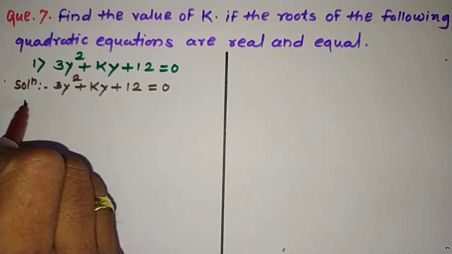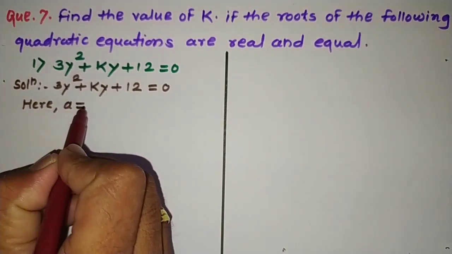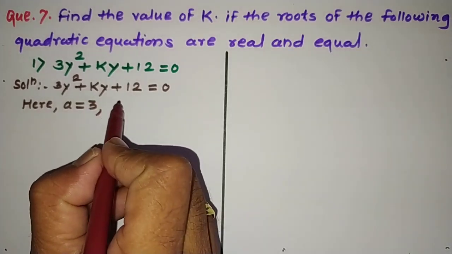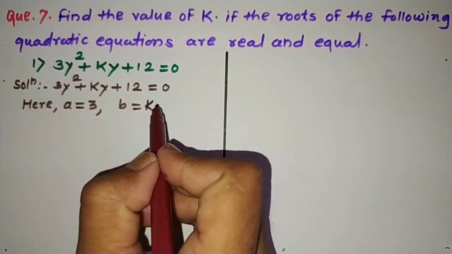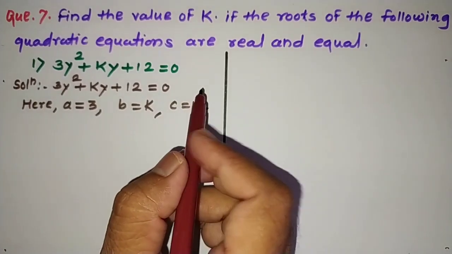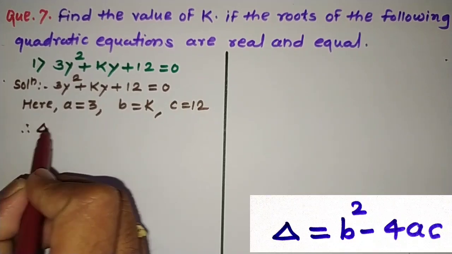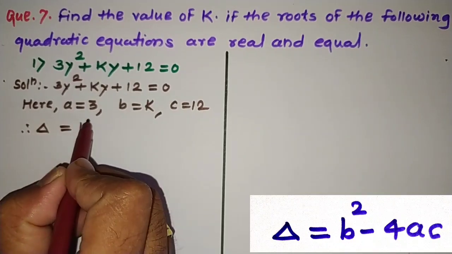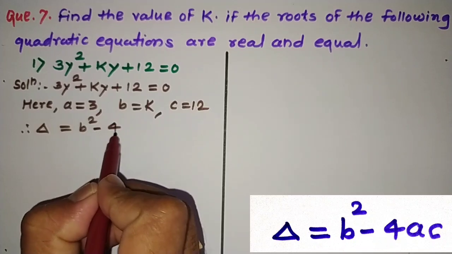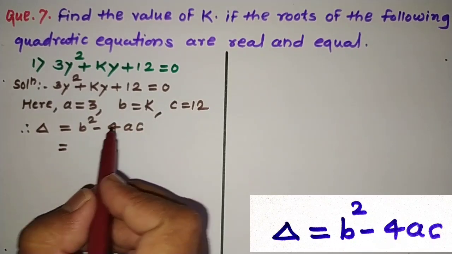Here a is equal to 3, b is equal to k and c is equal to 12. Discriminant delta is equal to b square minus 4ac. Put the value in this formula.